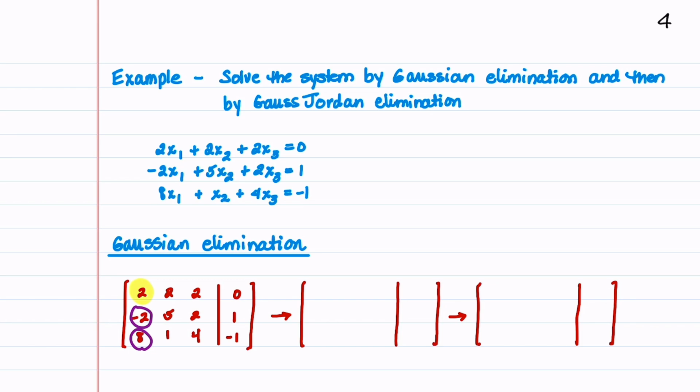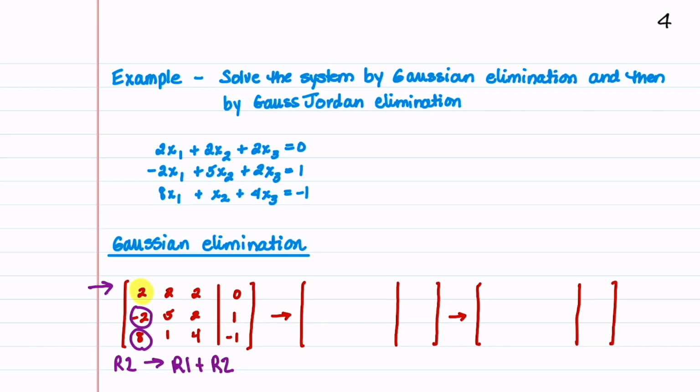So our first row operation is going to look like this. We're always going to work off the row that has the leading entry. So that's row 1. So we're going to take row 2 and replace it with row 1 plus row 2 because 2 plus -2 is 0.